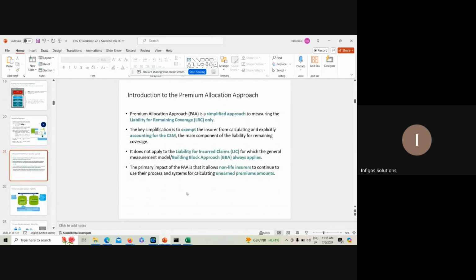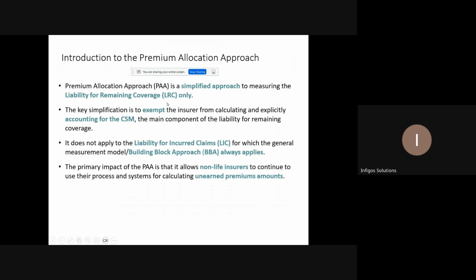So what does PAA do? It simplifies your LRC, which is the liability for the remaining coverage. Are you following, Surya? Yes, Nitin. Okay. So it will simplify LRC and it will not have to calculate the risk adjustment or CSM for LRC.